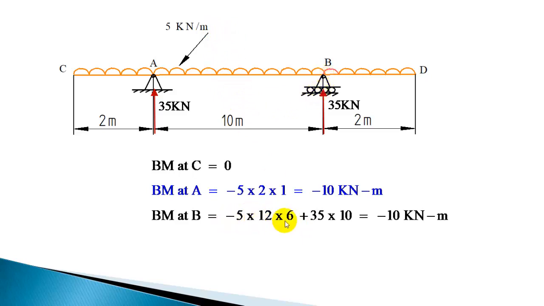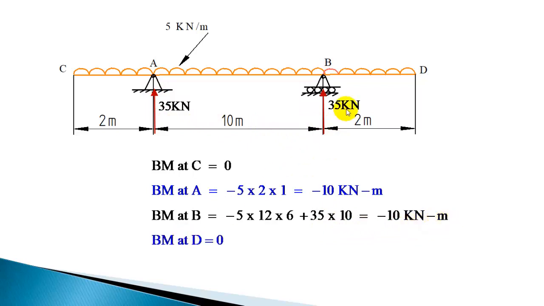So minus 5 into 12 into 6. 5 into 12 gives the load and 6 meter is the distance from the moment center. So that will give the bending moment due to UDL. Now 35 will produce a clockwise moment. 35 into 10. That will give the bending moment at B as minus 10 kilonewton meter.